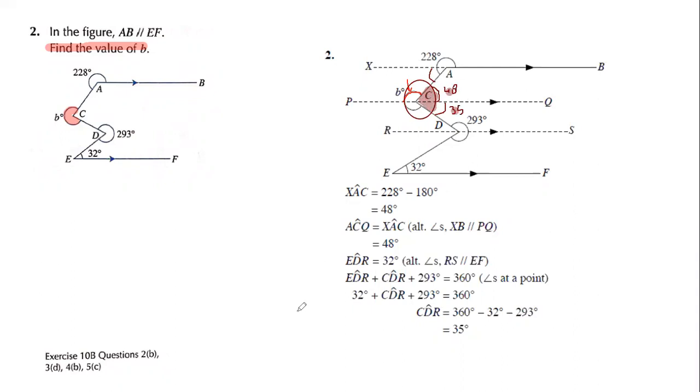So we would say 360 minus 48 minus 35, and that will give us the value for B, which is 277 degrees. So that is going to be the answer. The value of B is 277.